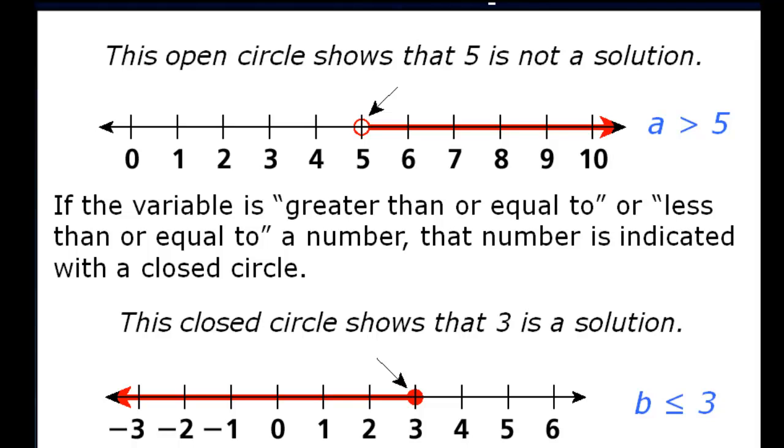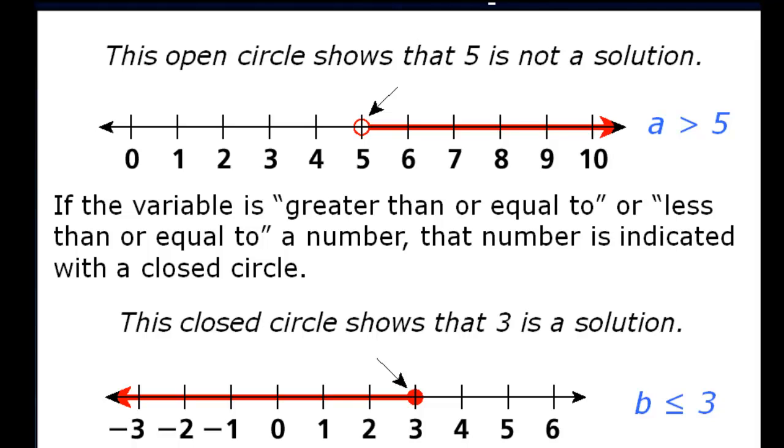The closed circle here means that 3 is a solution with us, and any number below it is also a solution. I have here B smaller than or equal to 3. So this one means smaller than or equal to 3.